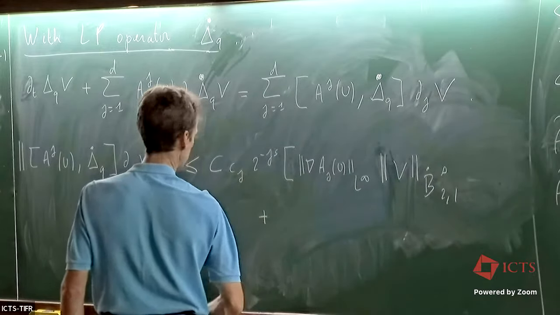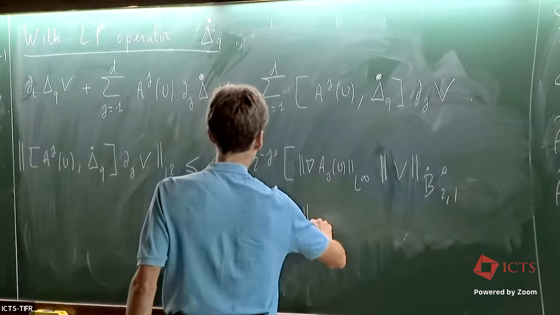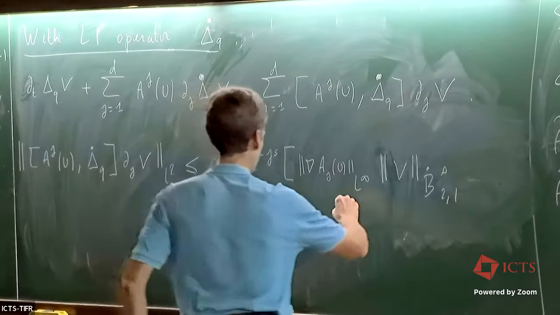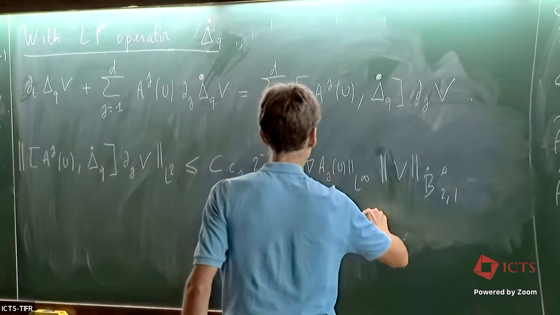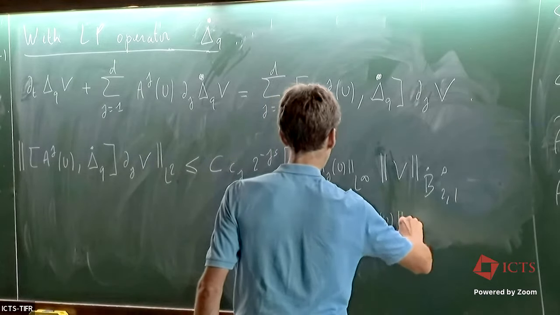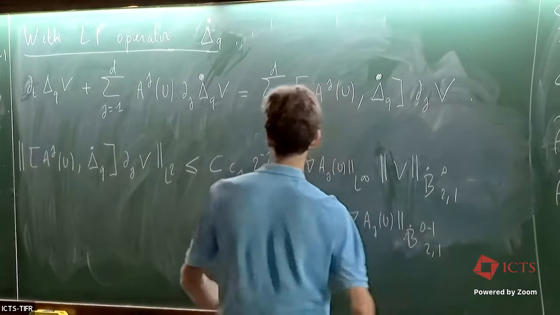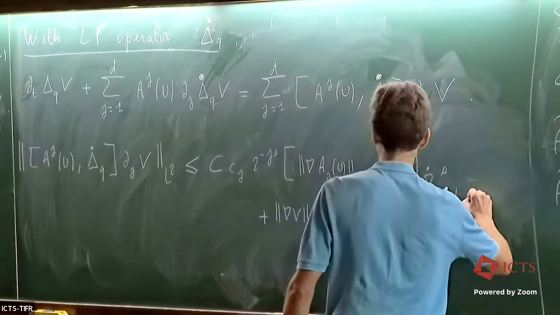And you have a second term. The second term is probably the same: gradient V in L2 and the Besov norm of this B^{s-1}. I have to explain what these constants c_j are.